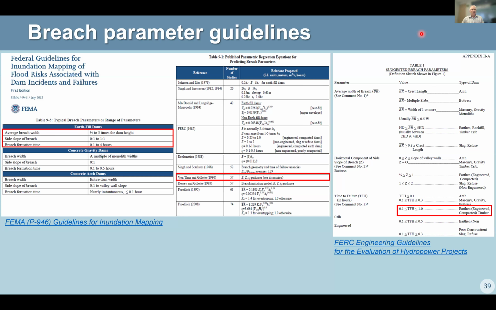For example, if you produce an inundation map for DSOD and it has a breach formation time that's over 4 hours, they're going to ask for some backup on that. It's hard to know exactly how quickly or how long a breach is going to take, but the general guidance is here. We have regression equations for that. You can also use physical computer models to try to estimate those parameters.